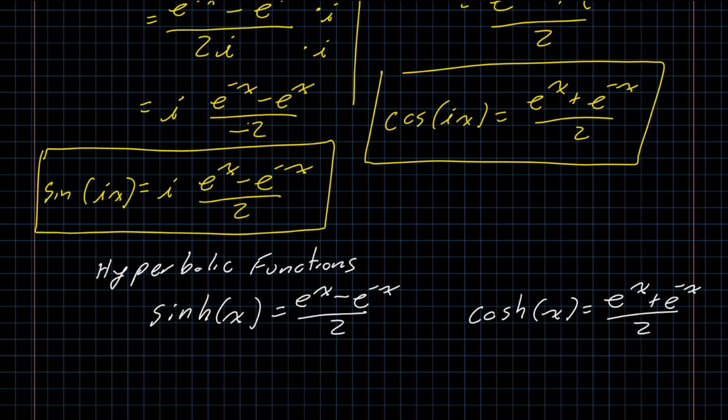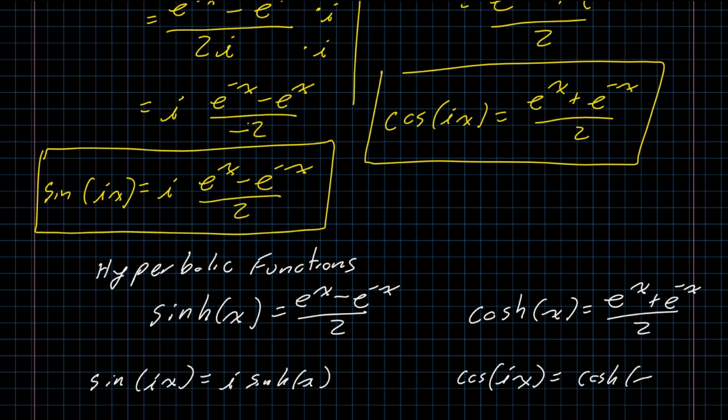So we can see where these things came from, and we can give the first set of identities, which is that the sine of ix is i times the sinh of x, and the cosine of ix is cosh of x.